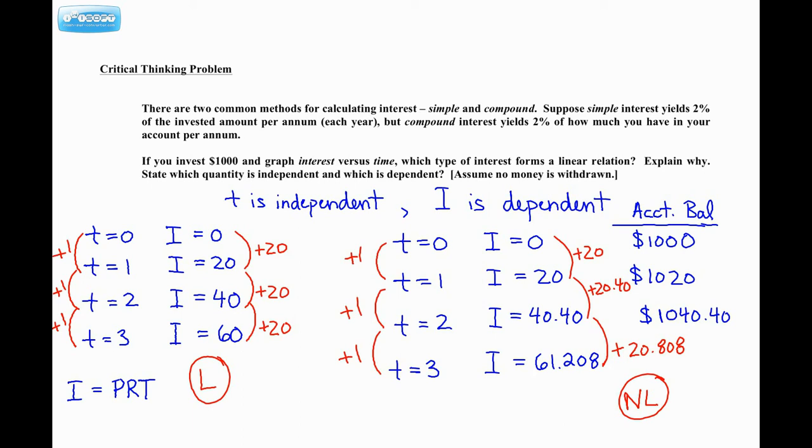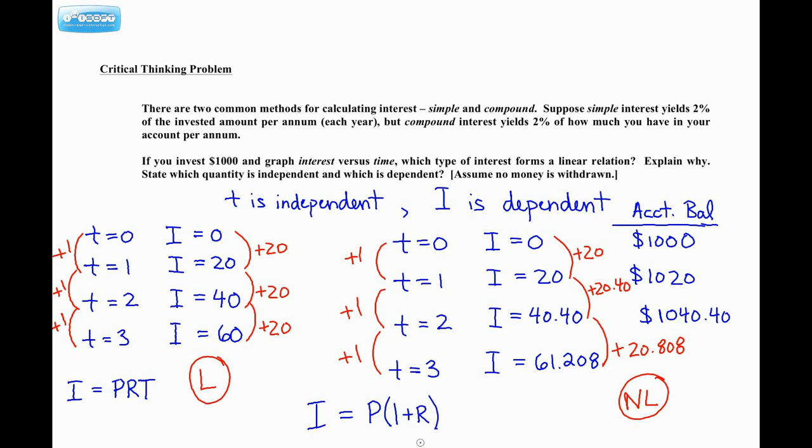All right, now I did say I would give you a formula for compound interest. Not going to derive exactly where it comes from. You don't need to memorize this or anything like that, but I'll just explain it quickly here. It actually comes from the formula for simple interest, but when you repeat it year after year and you keep adding the account balances over the years, do a bit of algebra, you get this. So the interest earned, if it's compound, is the original amount you invest, that's the principal, times 1 plus the rate.